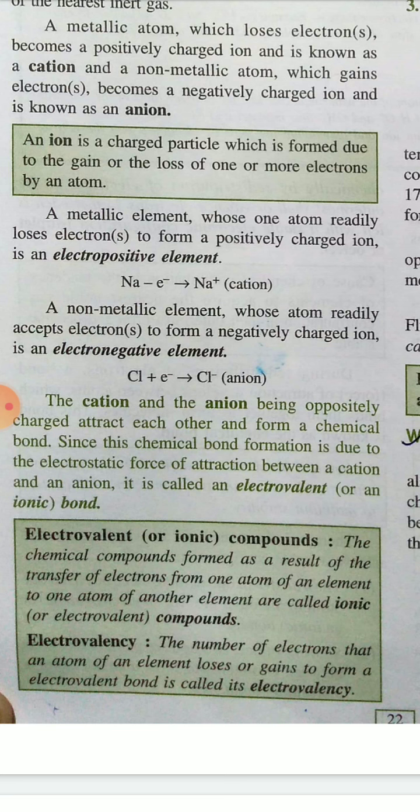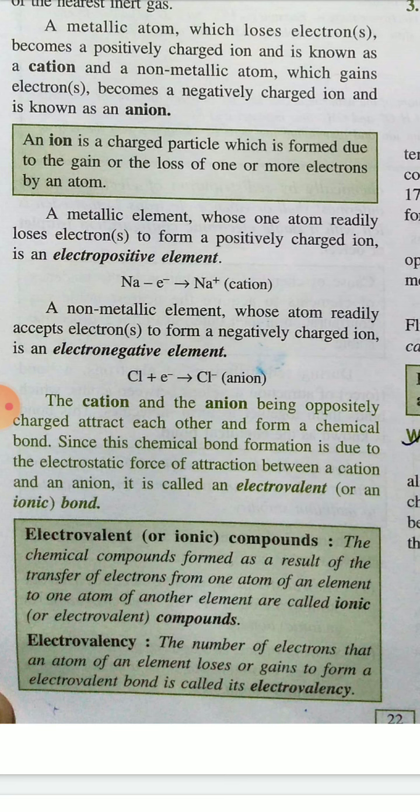In case of ionic bond formation, you have to remember ionic bond forms between metals and non-metals. Metals release or lose electrons to form cations, and non-metals accept electrons to form anions.